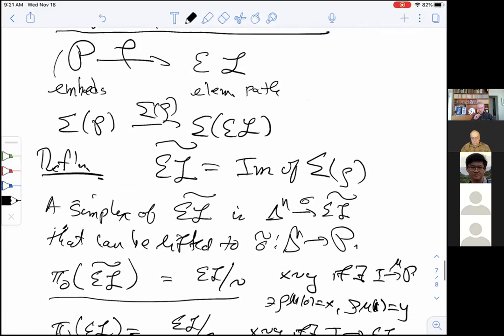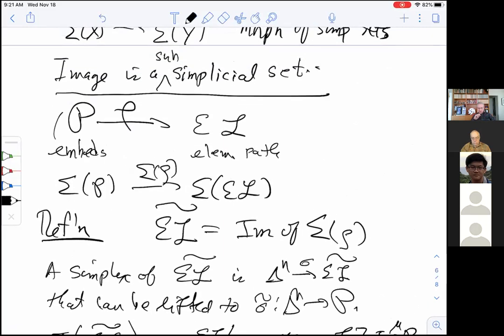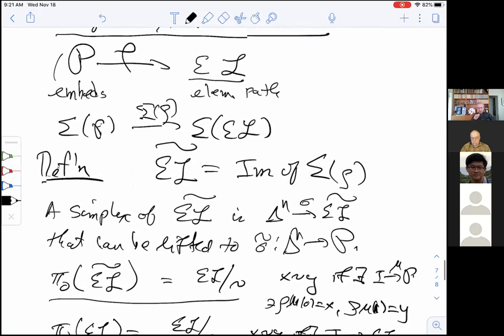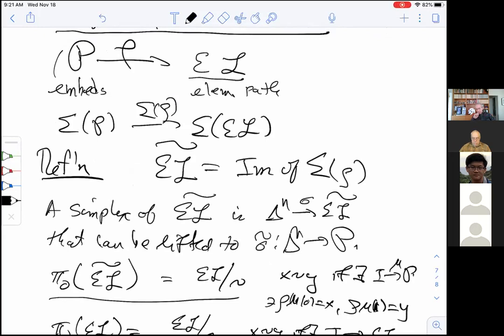Yeah, so you take EL, you take its singular simplicial set, so all the simplices that map into EL, and you only look at those that are images of simplices in P. So you have the same underlying space, but you've in some sense screwed up the topology because you're considering fewer simplices, and you'll probably get a different homotopy type.